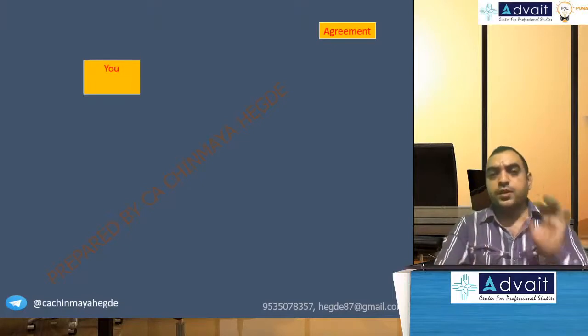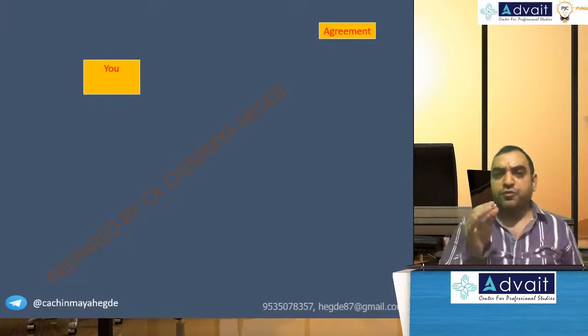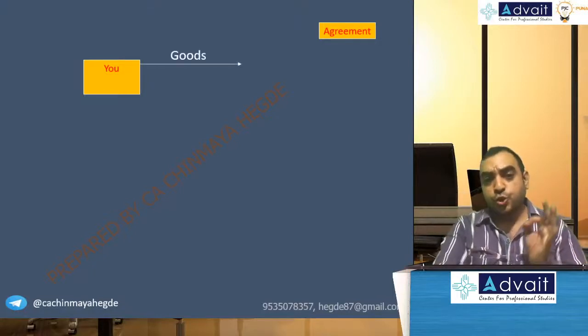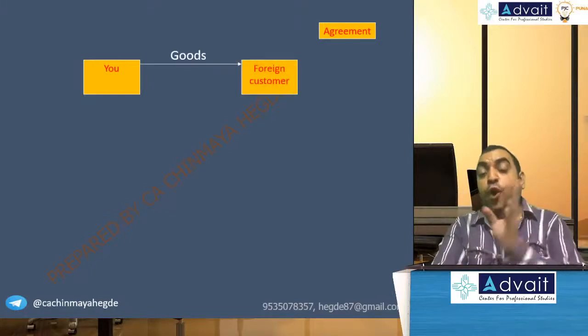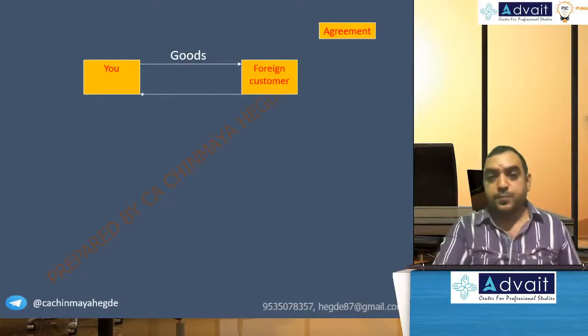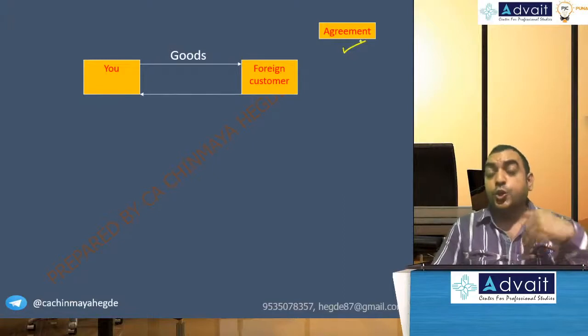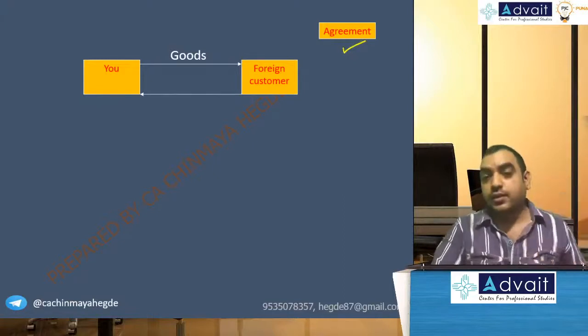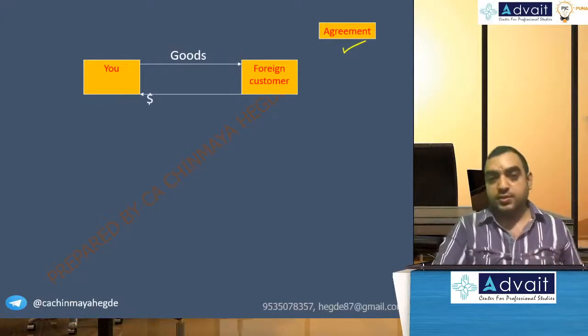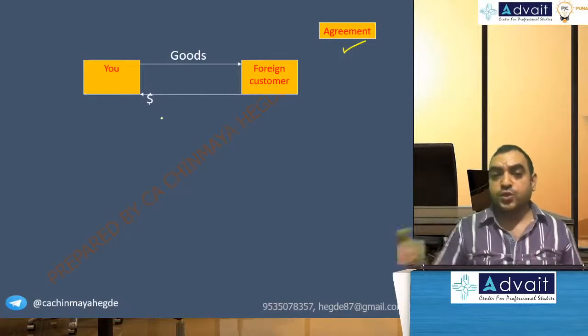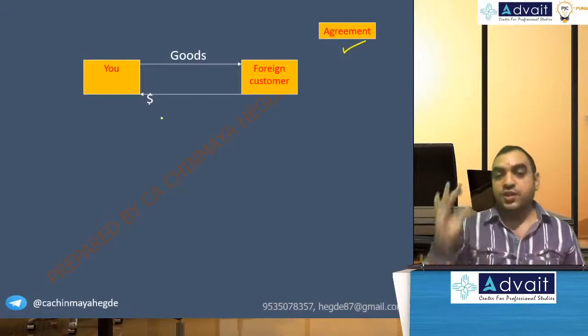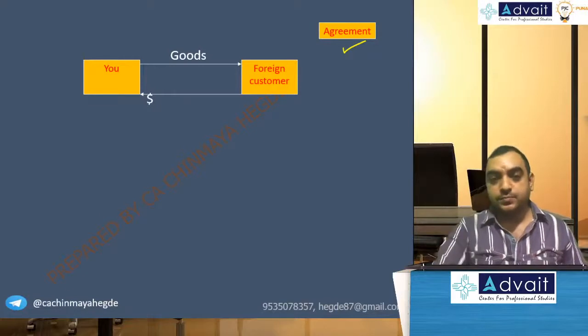Pay attention. Let's say this is a transaction of buyer and seller, customer and supplier. You have sold goods to a foreign customer. You have entered into an agreement to sell the goods later and receive dollars. So goods you sell, dollars you purchase.